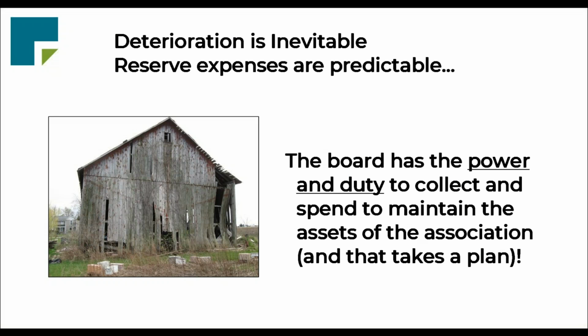So take a look here. Deterioration is inevitable and you can't stop it. Look at this barn, it's practically falling apart. Fortunately, reserve projects are very predictable. The reserve component list allows boards and managers to responsibly prepare, meeting their obligation to collect and spend the funds necessary to operate and sustain the association.